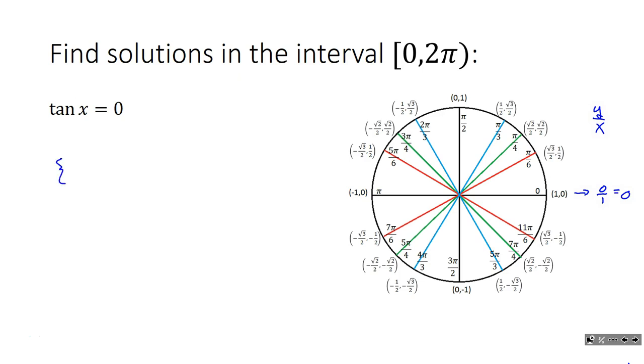So one of our solutions would be 0 radians. Let's look at the top here at 0, 1. Notice if you form the ratio there of y over x, you'll get 1 over 0. That's undefined. You can't divide by 0, so that would be no good. Over here, at the right, the ratio would be 0 over negative 1.